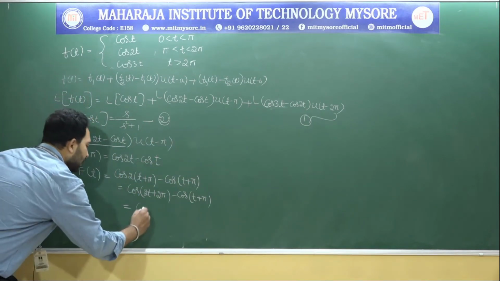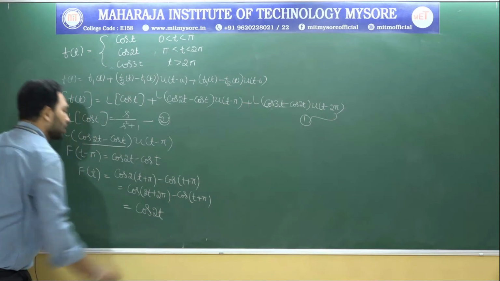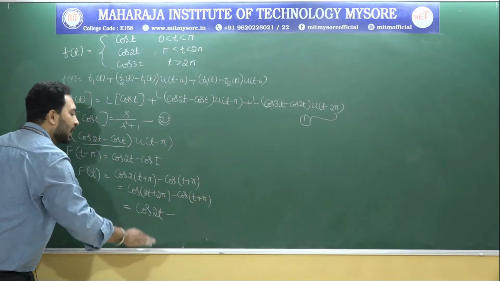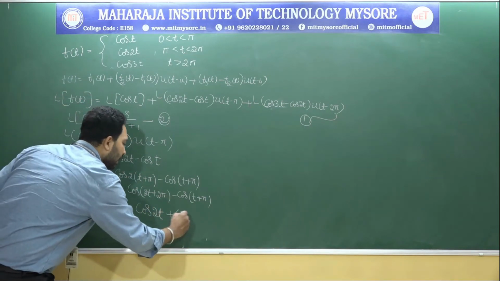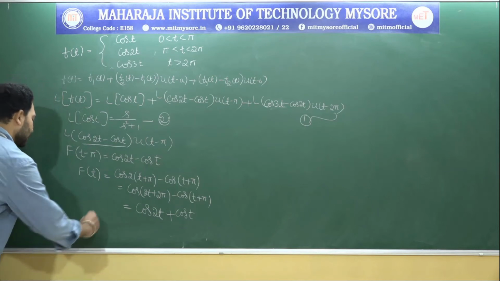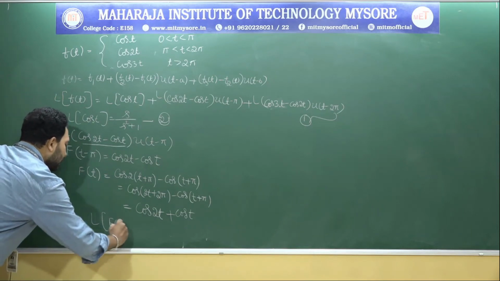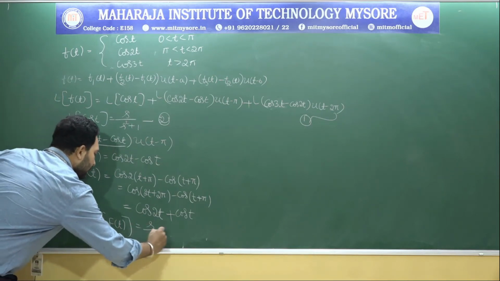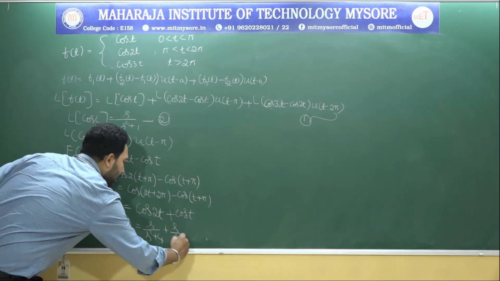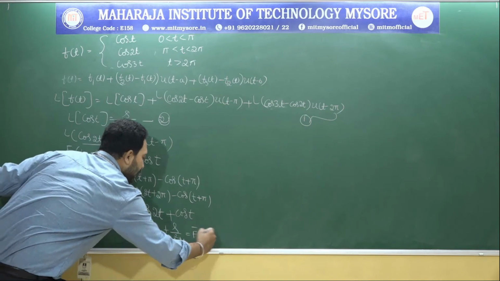So this is nothing but cos 2t. Cos of 360 plus theta is cos theta, and cos of 180 plus theta is minus cos t. Already we have minus, so plus. So Laplace of f(t) is s divided by s square plus 4 plus s divided by s square plus 1. This is our f bar s.